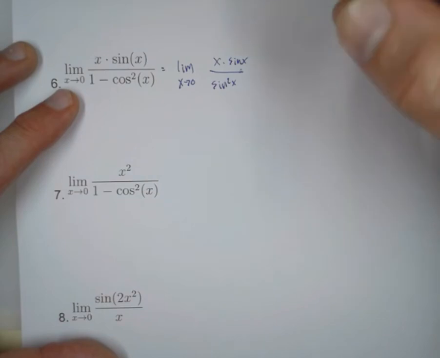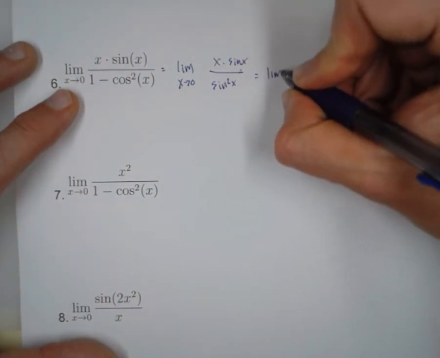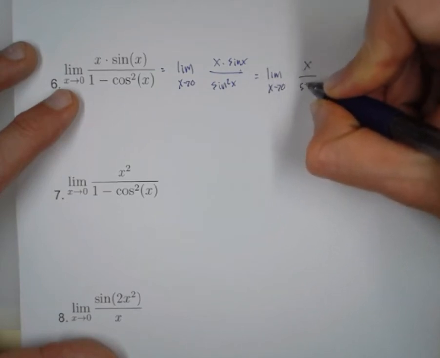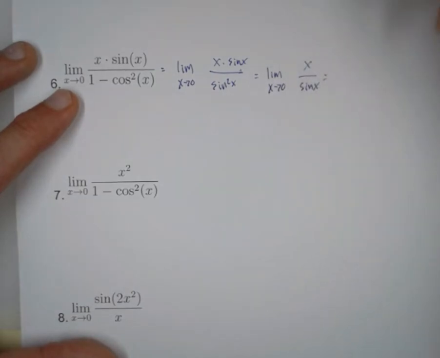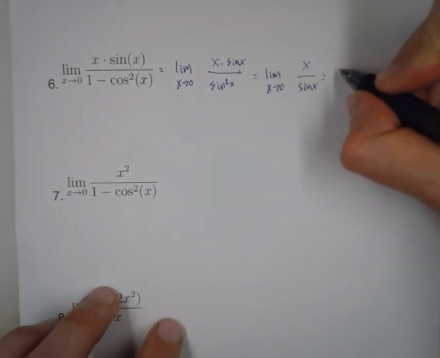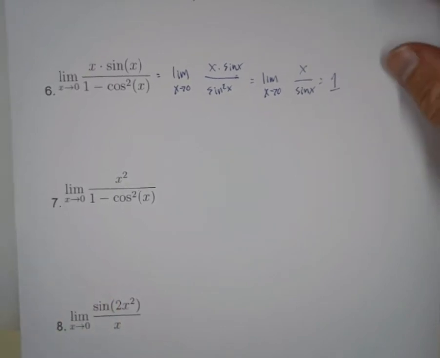And now, because I have sine and sine squared, I can cancel them. So I have x left on top and sine of x on the bottom. Well, that's just the same limit that we saw on the first page, upside down. And so that limit is still going to equal 1.